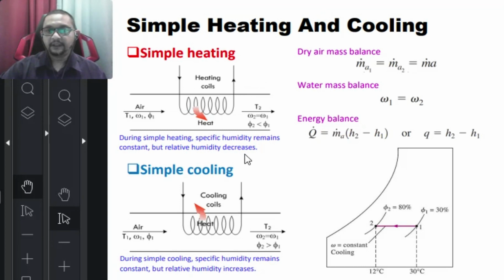So the air in this system is heated by circulating it through a duct that contains the tubing for the hot gases or the electric resistance wire. So the amount of moisture in the air remains constant.